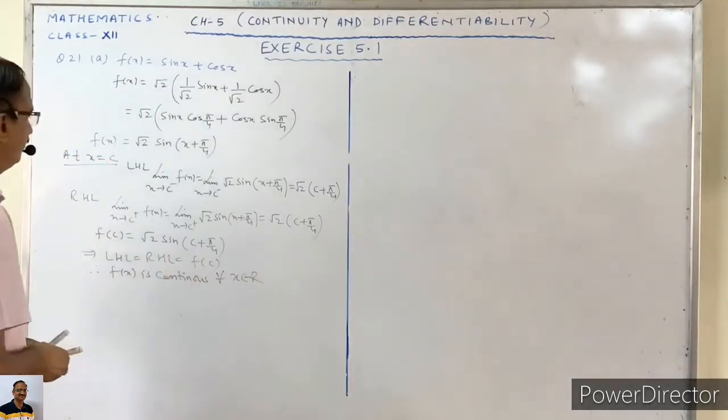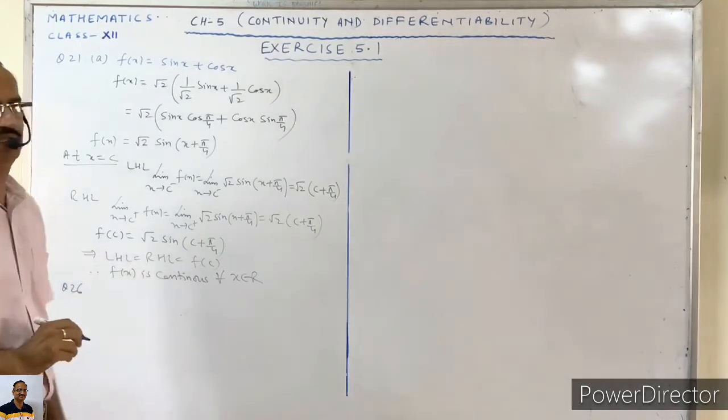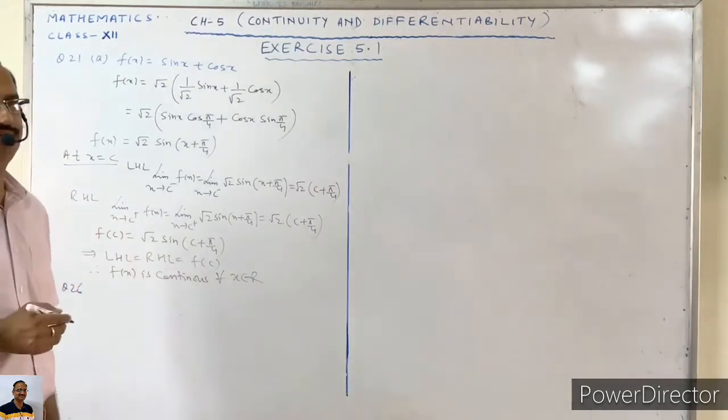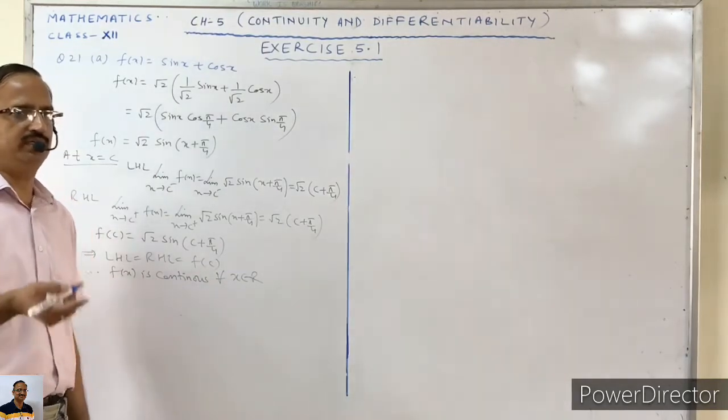Now come to question number 26. In this, we have to find the value of k so that the given function is continuous at the given point.